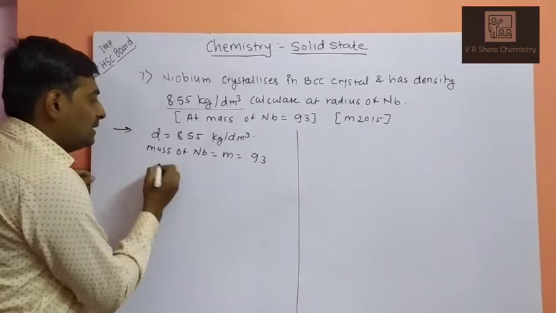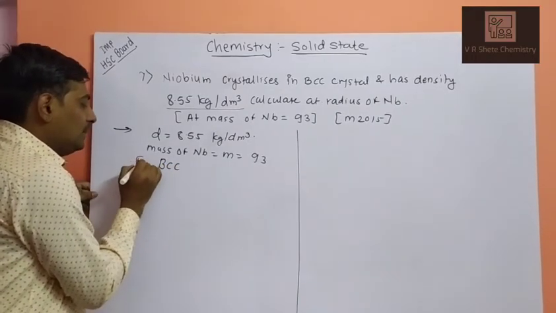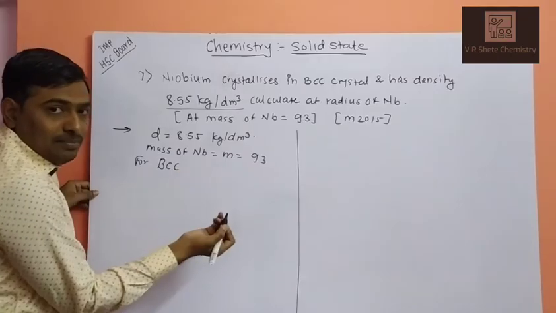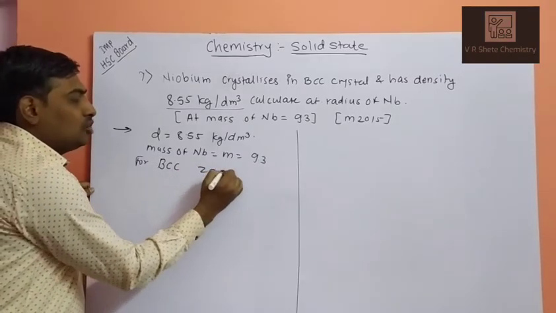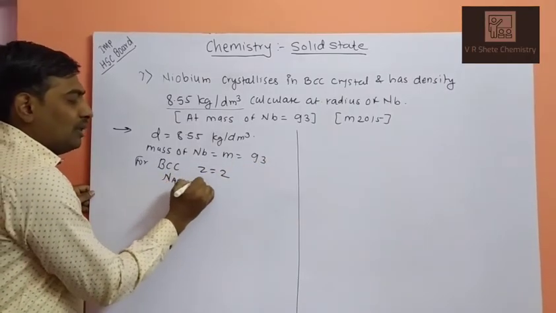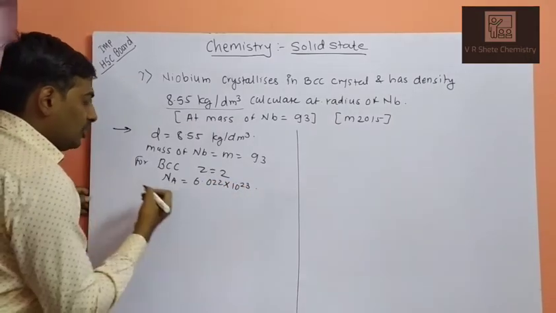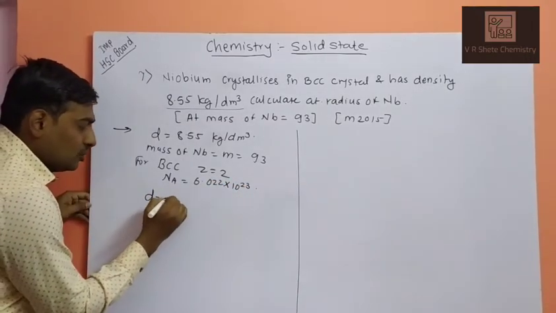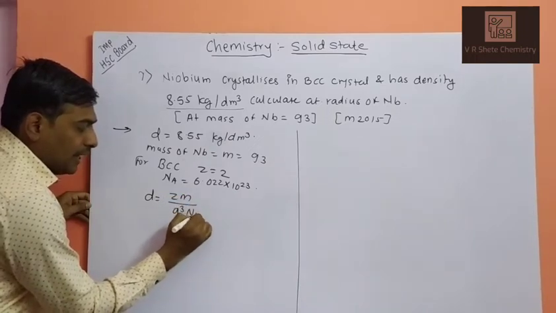Then for BCC, how many atoms are present? We know that 2 atoms are present in BCC, so Z is equal to 2. Then Avogadro's number is 6.022 into 10 raised to 23. Utilize the same formula: D is equal to Z M upon A cube Na.